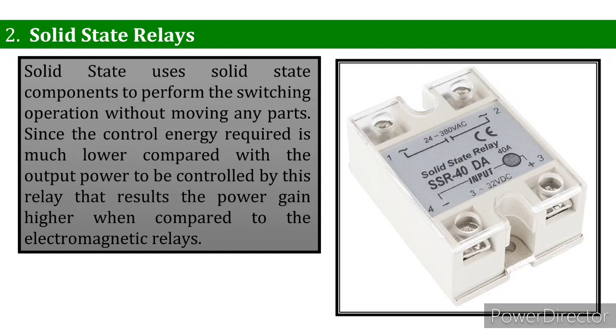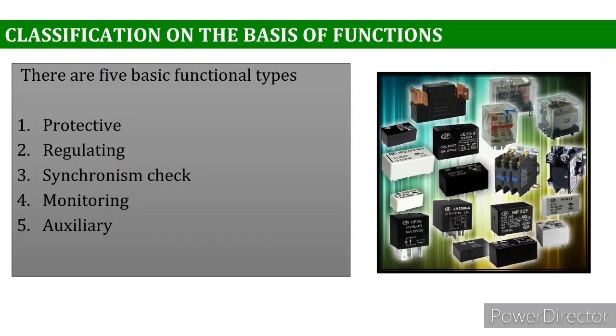Solid state relays can be divided into AC solid state relays and DC solid state relays, which of course can be used according to applications. Now we will discuss relay classification on the basis of functions.